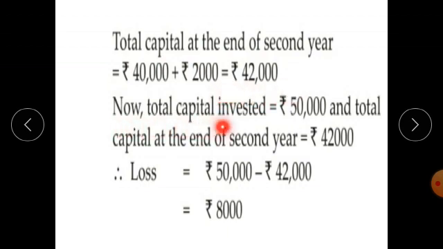Now total capital invested is rupees 50,000 and total capital at the end of the second year is rupees 42,000. Therefore, loss is rupees 50,000 minus rupees 42,000, equal to rupees 8,000.